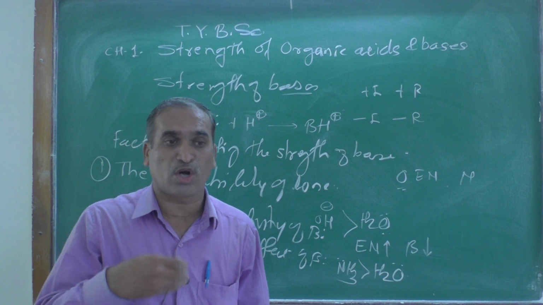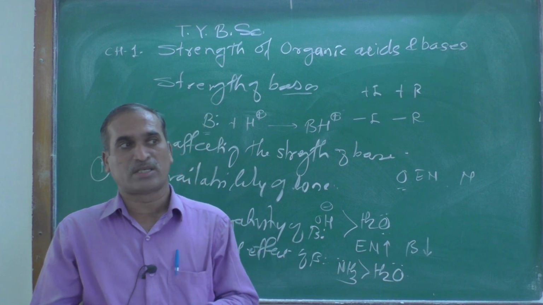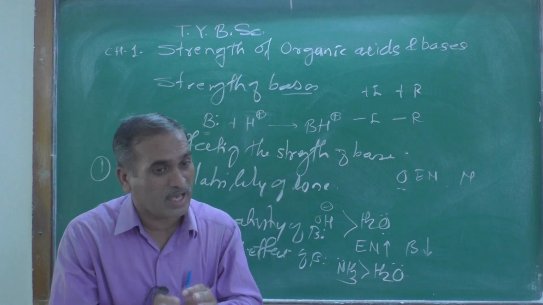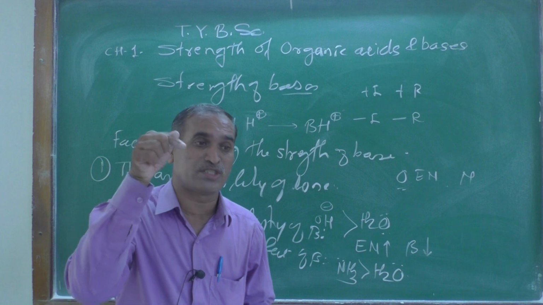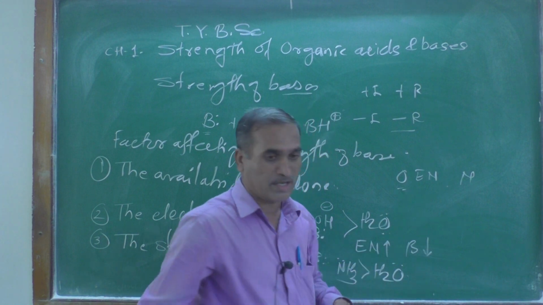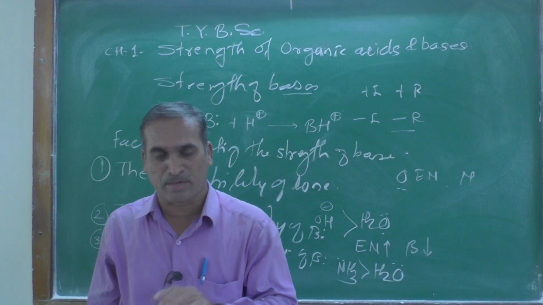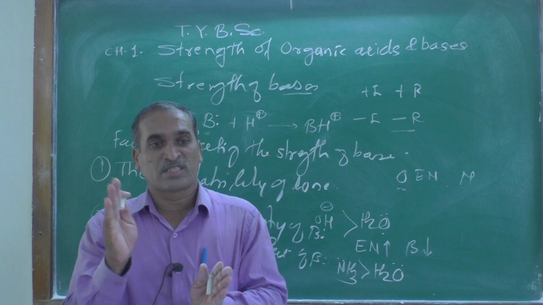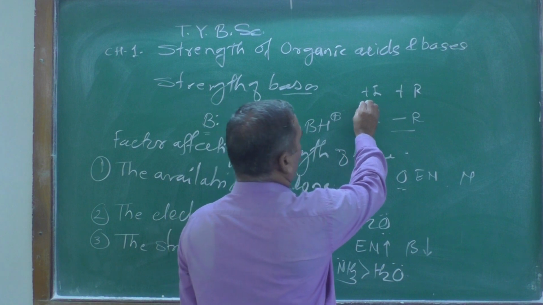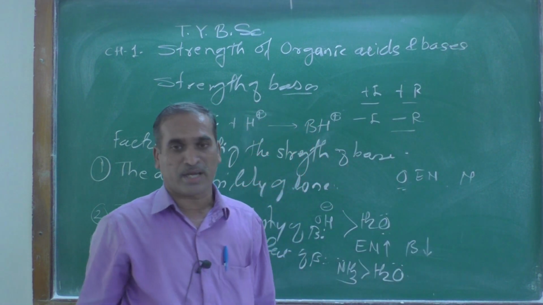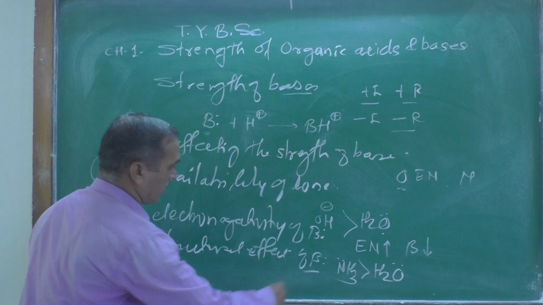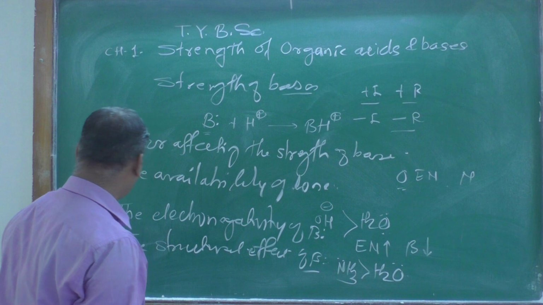If an electron withdrawing group is present, it exerts minus I and minus R effects, and that decreases the basicity. Whereas plus I and plus R effects increase the basicity of that organic base. That is the thing you have to remember here.